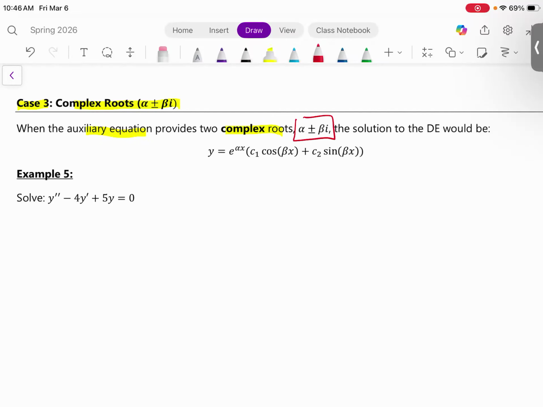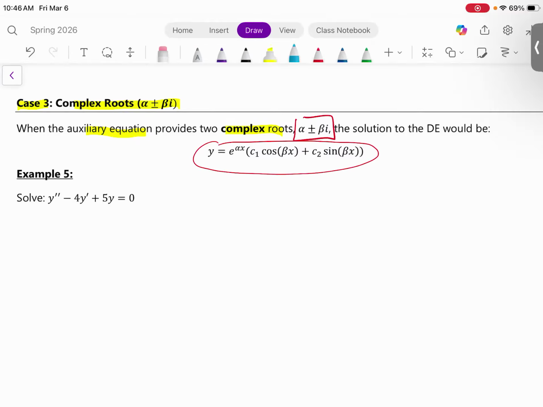We would use this solution: y equals e to the alpha x, all times c1 cosine of beta x plus c2 sine of beta x. So we would set up the same exact way.